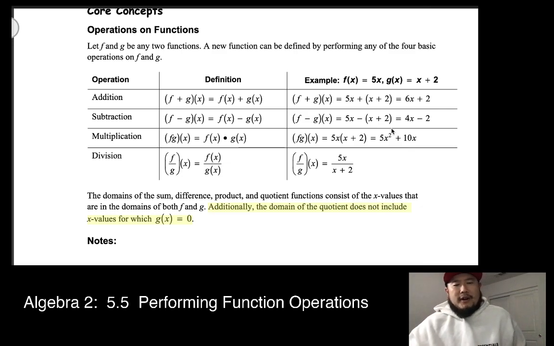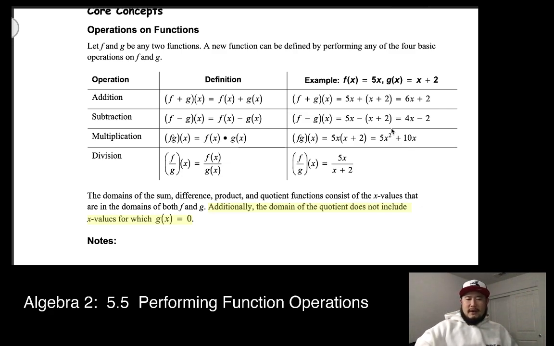In the bottom right, in the last paragraph, it says the domain of the sum, difference, product, and quotient functions consists of the x values that are in the domains of both f and g. I have this highlighted here in yellow. Additionally, the domain of the quotient does not include x values for which g of x is equal to 0.